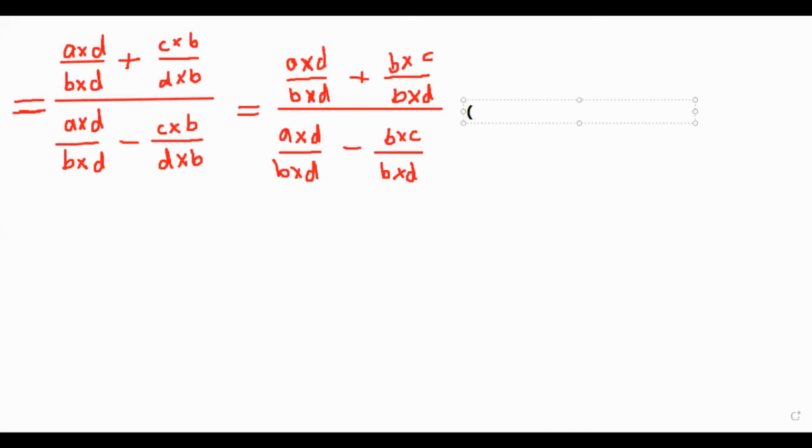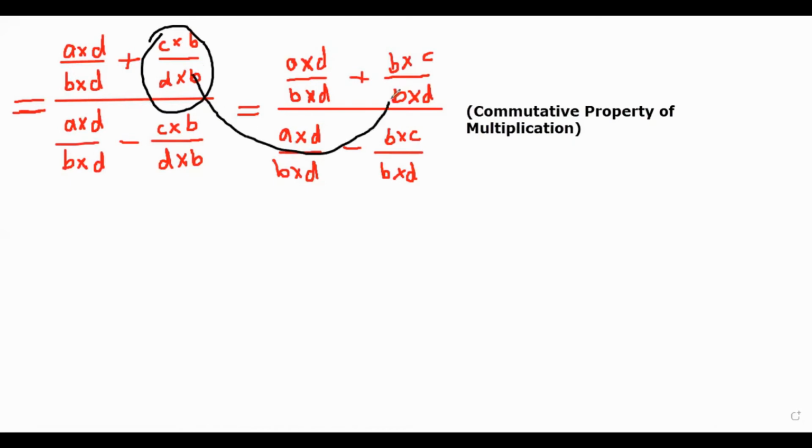You have followed the commutative property of multiplication. Why do we say the commutative property? Because you have changed the arrangement, so that C cross B has been converted into B cross C, and similarly D cross B has been converted into B cross D, and in the numerator as well as in the denominator the same pattern has been followed.